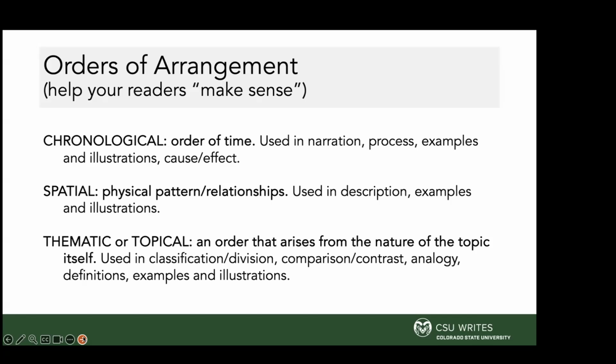There's not, however, a chronological order to the arrangement of their findings. Their findings are different. They're not spatial, which is another common arrangement, and we'll talk about that in a moment too, but thematic. That thematic or topical arrangement comes naturally out of the conversation that's being had, which makes it sometimes difficult to identify what comes first or what comes second.